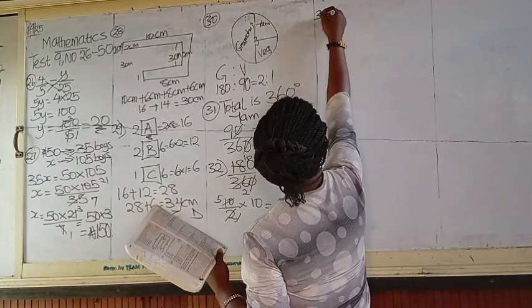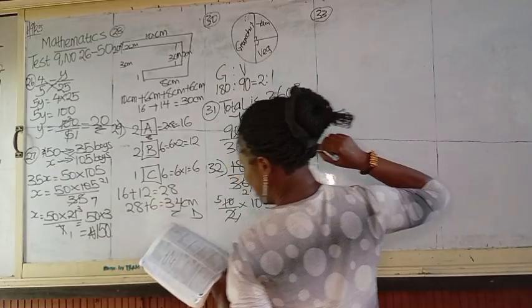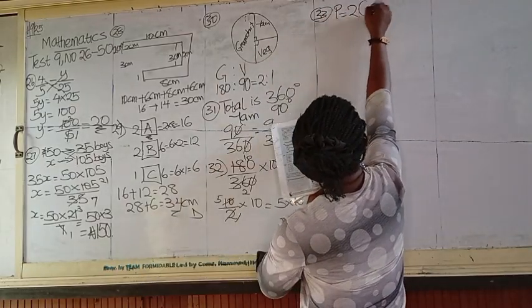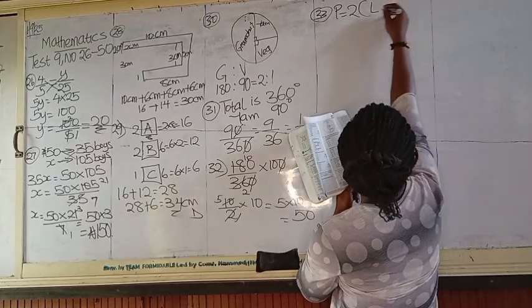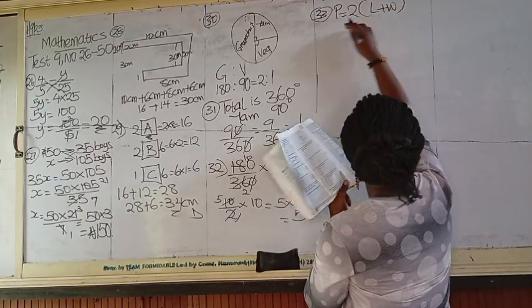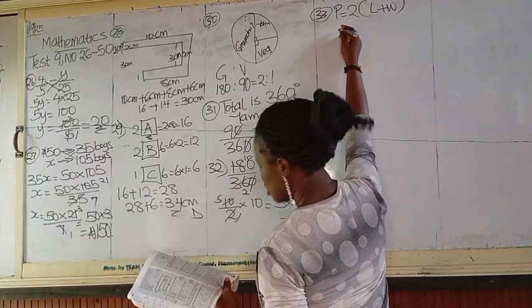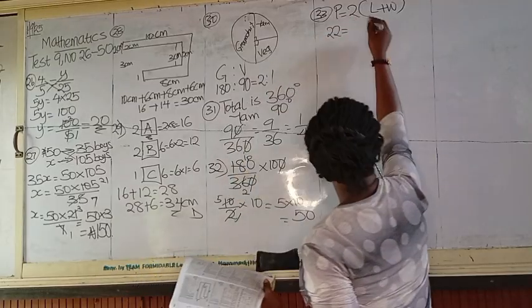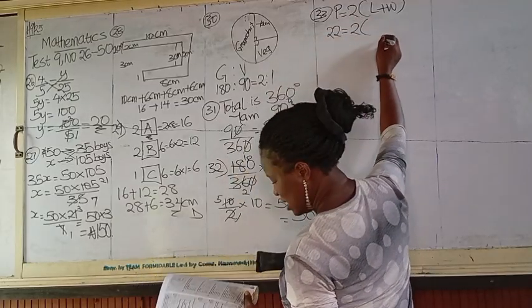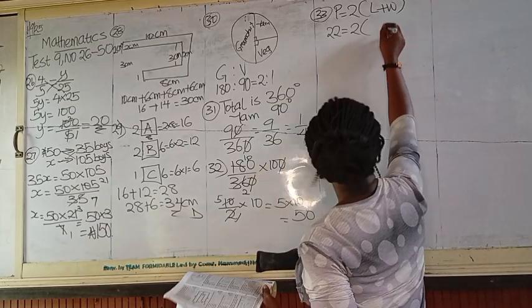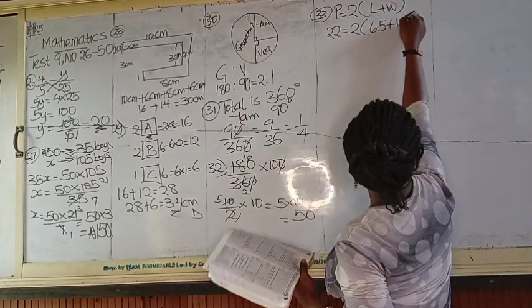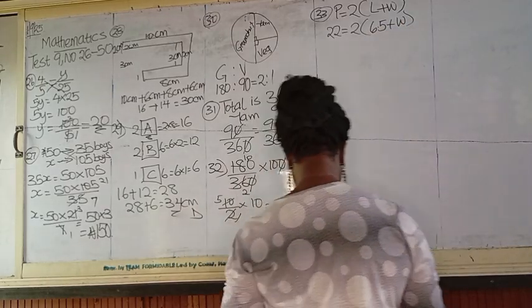Number 33. So we are told that the perimeter P is equal to 2 bracket L plus W. The perimeter is 22, given to us in the question. The 2 is constant. The length is 6.5. And the width is not given. So what are we going to do?